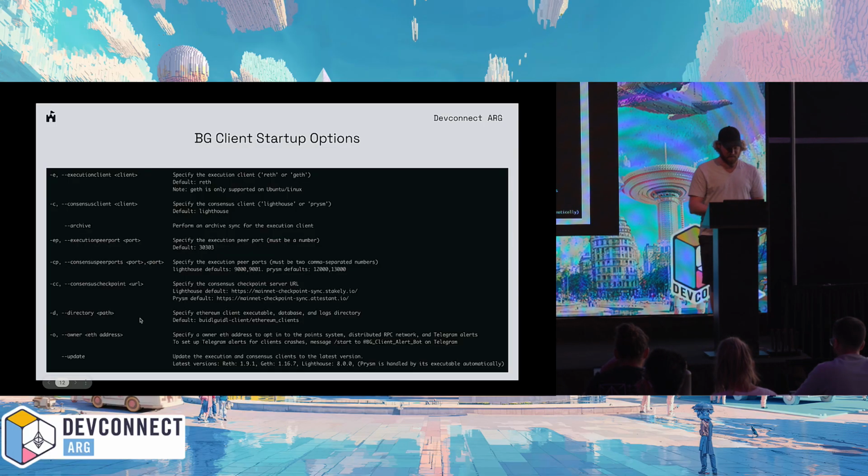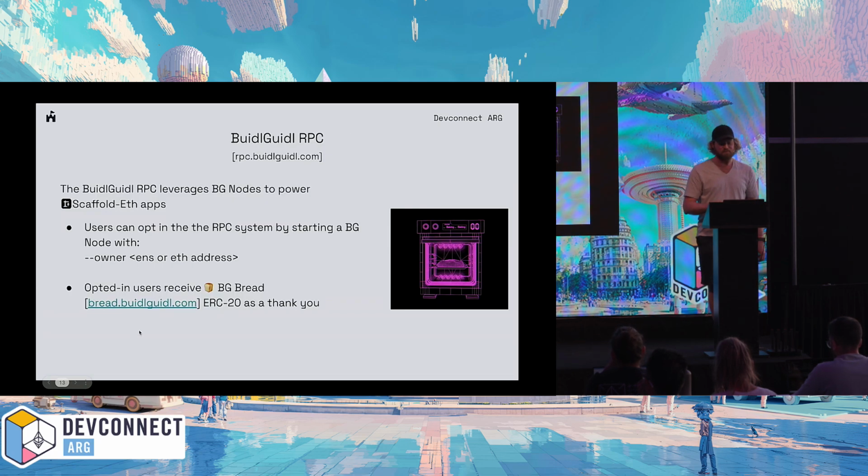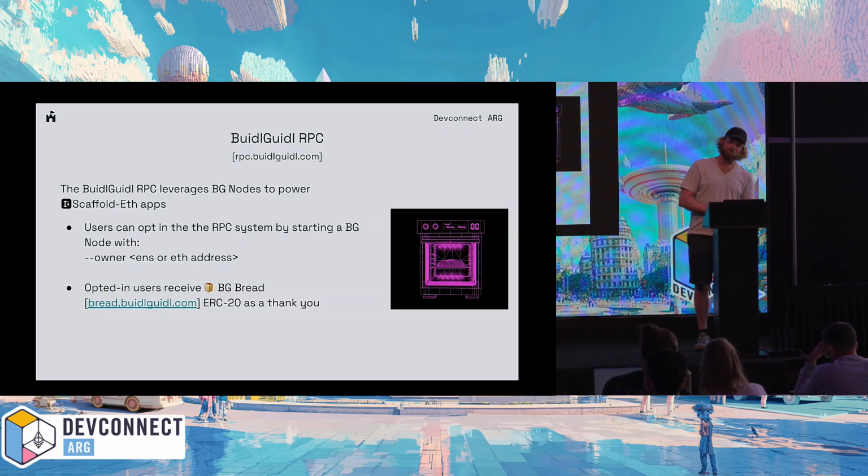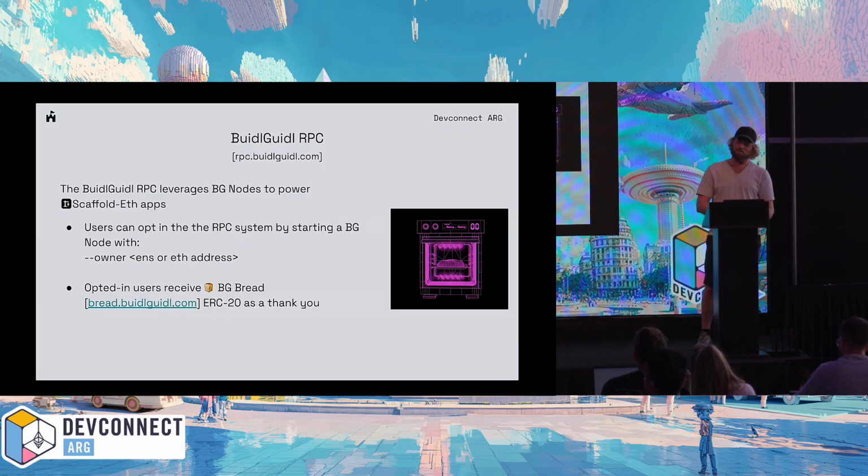And then there is this owner flag. This is for a little mini decentralized RPC service that's running based on our BuidlGuidl nodes. And we're using the RPC from these distributed nodes to power Scaffold-ETH apps. Anyone's welcome to opt in to help us out with powering Scaffold-ETH.